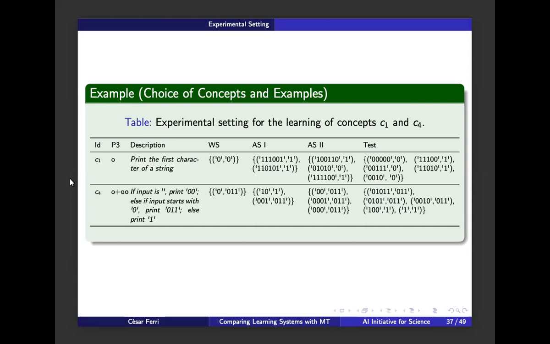Okay, I don't understand why this is the witness set. Yeah, because we have run our machine teaching framework, and we have found that we are able to teach this concept with this set. So it's the way this machine teaching works.